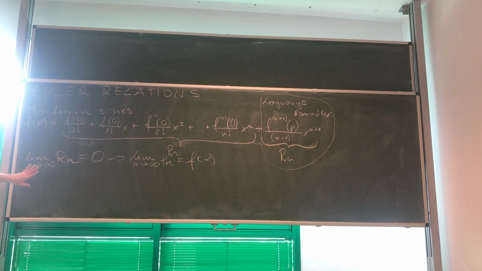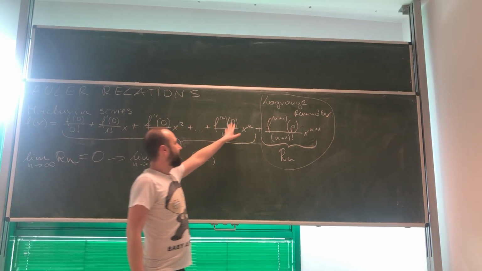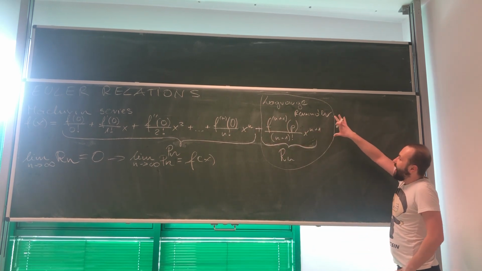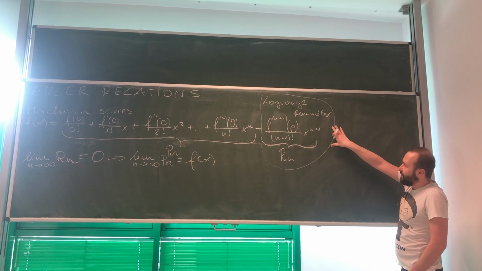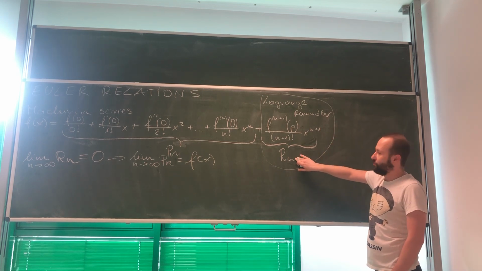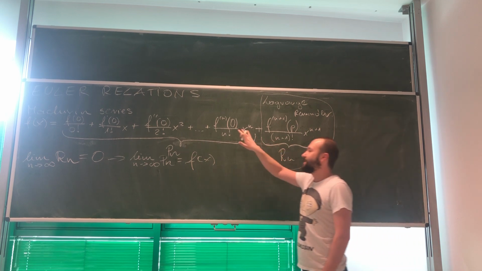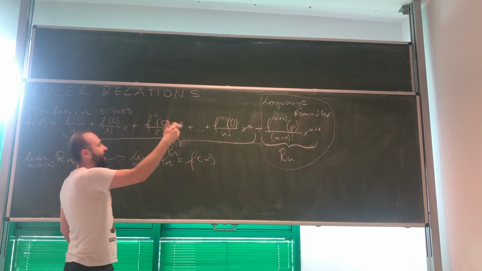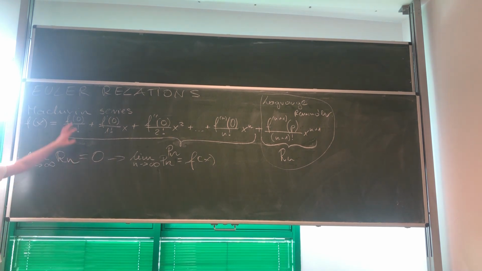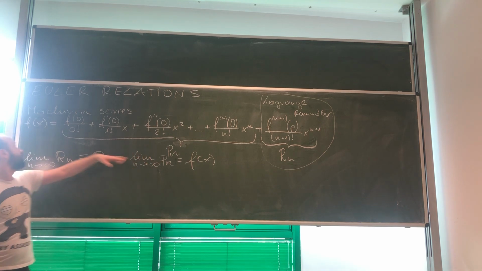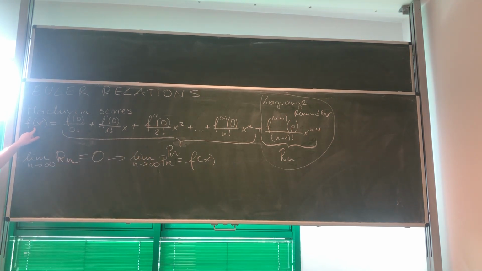Generally, if n is getting bigger and bigger and goes to infinity, and if in this situation the Lagrange remainder goes to 0, we can say that this polynomial with an infinite number of expressions will be a perfect representation of this function.